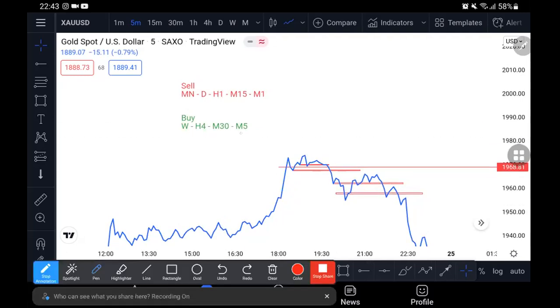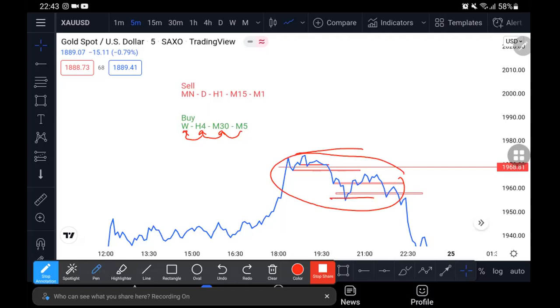Dia simple je, kita tengok current structure tu ada tak. Kalau dah ada current structure, kita dah boleh expect dia untuk break. Kalau structure tak ada lagi, itu kita kena tunggu lah. Sebab tu macam situasi di sini, pergerakan ni dekat 100 pip.